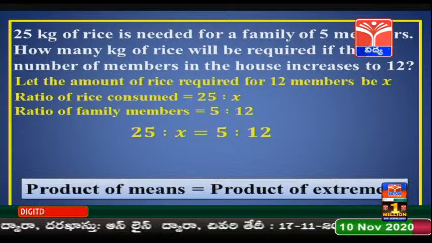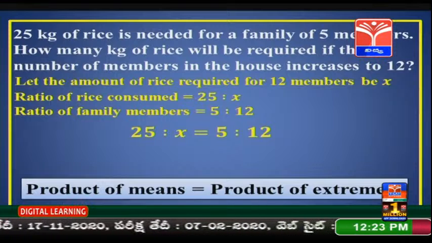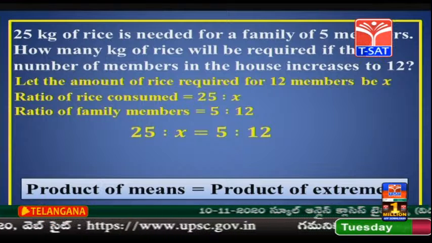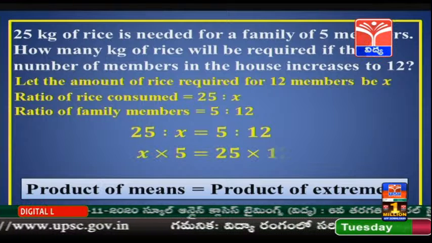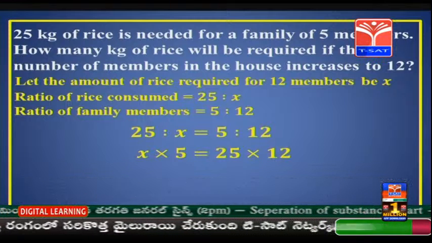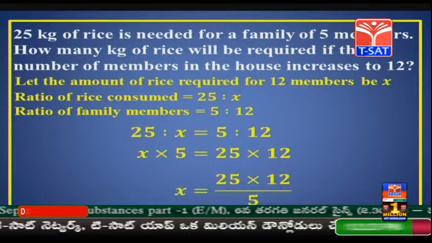So, children, when 4 quantities are in proportion, what have we learnt? Yes, product of means is equal to product of extremes. That means, x into 5, that is the means, equals 25 into 12, that is the product of extremes. What is the value of x, children?